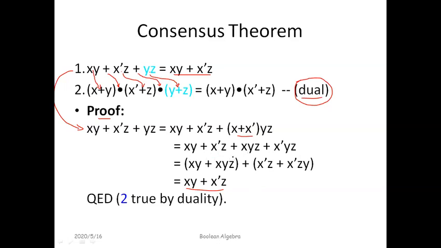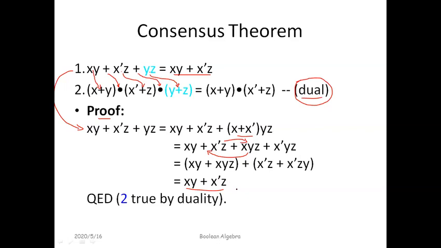So this moves to there, and this moves to its position. So these two interchange, okay? So after interchanging, it is clear that it reduces to xy plus x prime z.